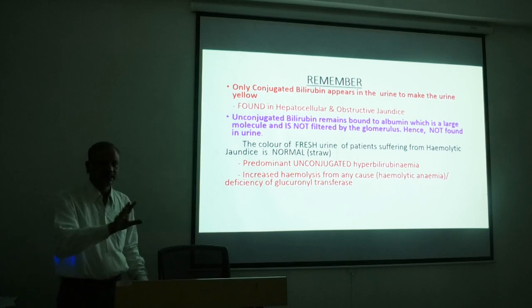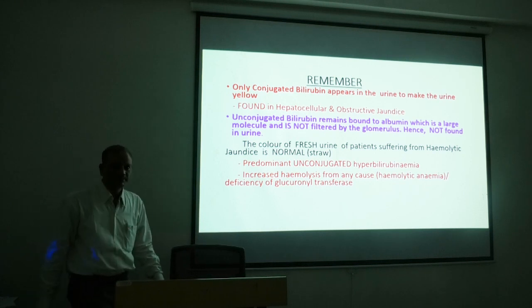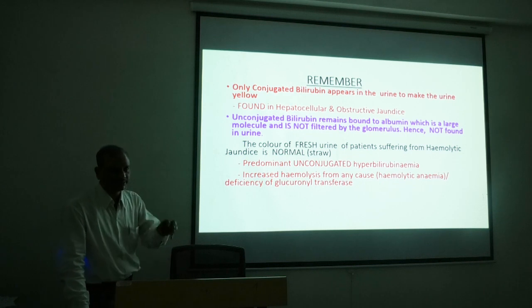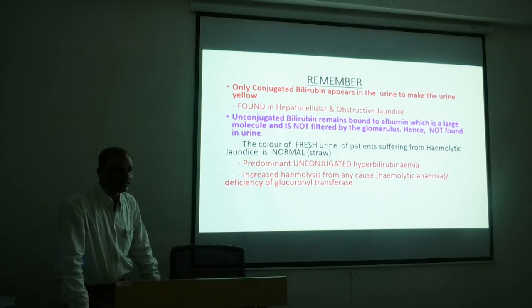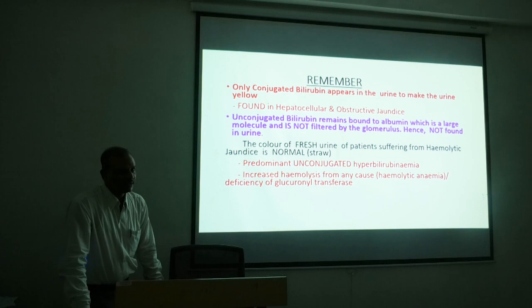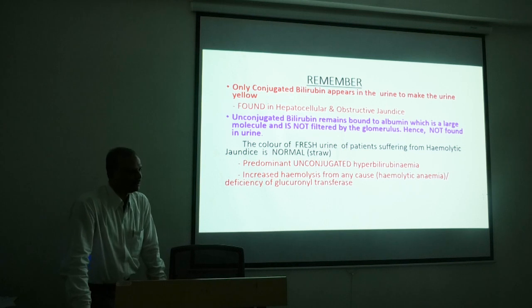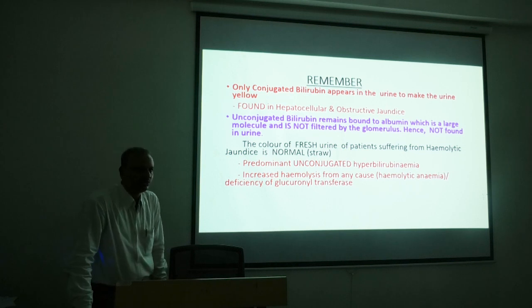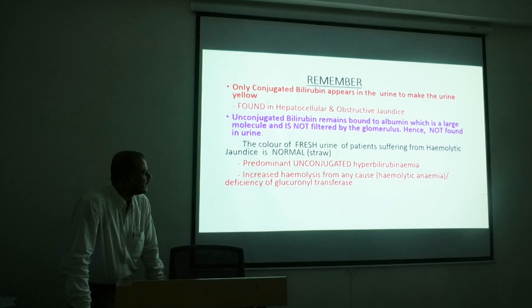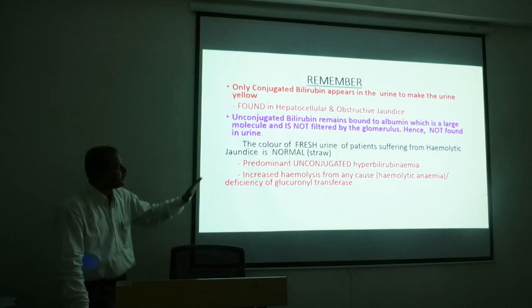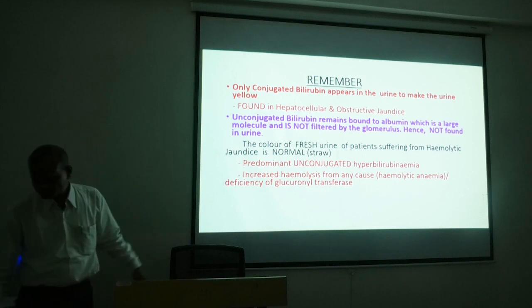I think in class I also told you about Gilbert's disease, where there is mild deficiency. Crigler-Najjar has type 1 and type 2, moderate and severe deficiency. Those with severe deficiency are not compatible with life; those babies die. You must remember these two.